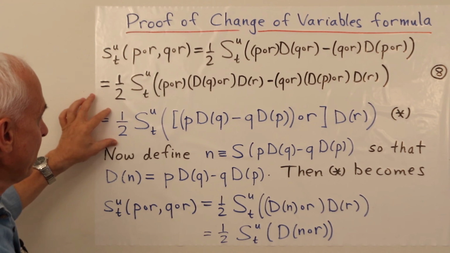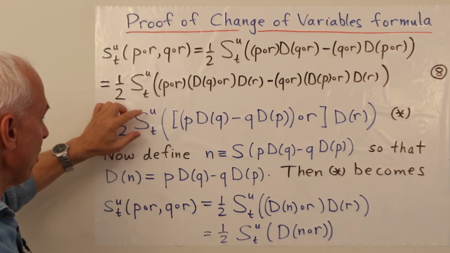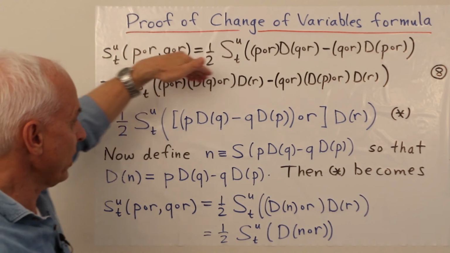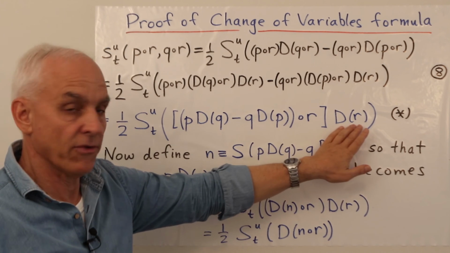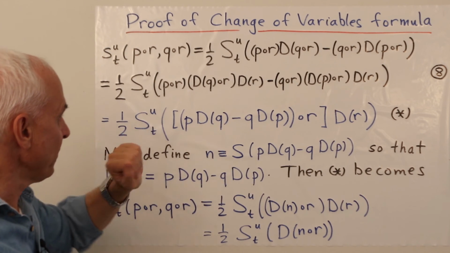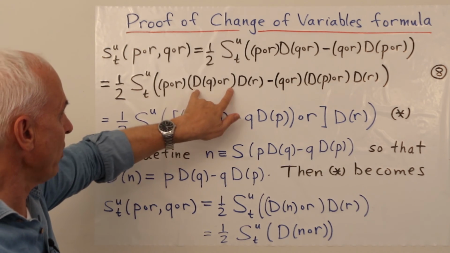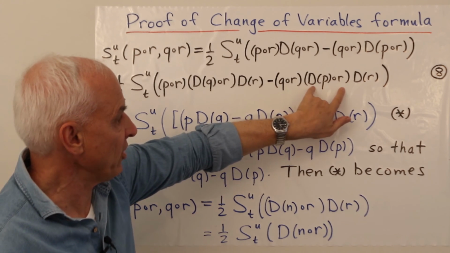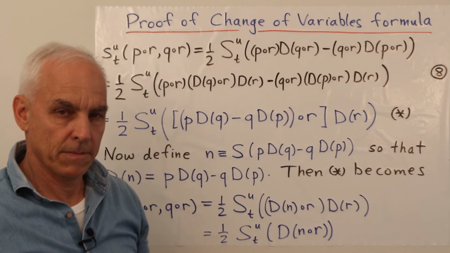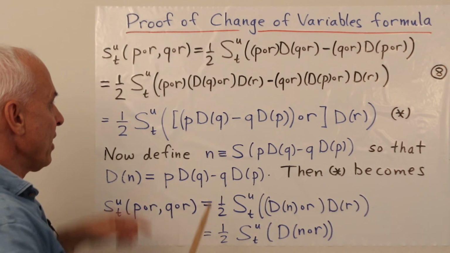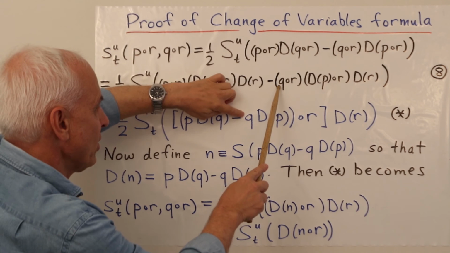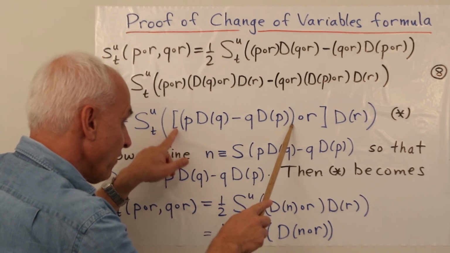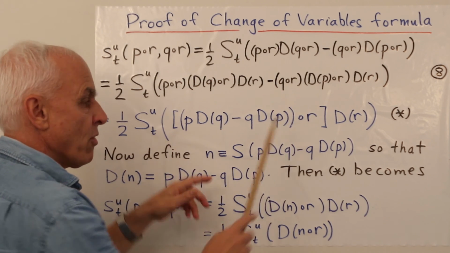Now next line, we're still taking 1/2 Faulhaber integral from t to u. And now we look at this thing here, and there's a common factor of dr in both terms. So we're going to pull that outside. And what do we have left? The other terms all have a composition with respect to r. So we can write this as p times dq minus q times dp, all of that composed with r.